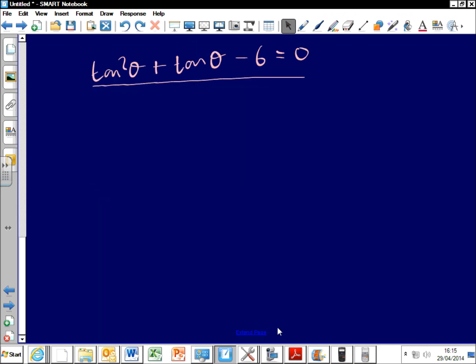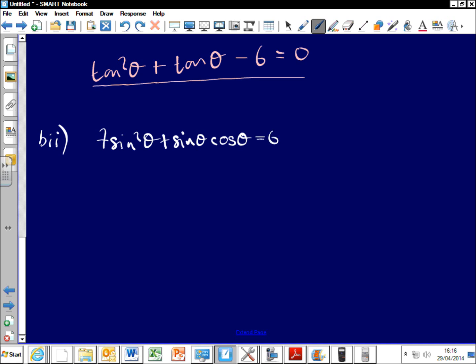Okay, so finally for the last part, we've just got to solve. So this is B part 2. For the last part, we've got to solve 7 sine squared theta plus sine theta cosine theta is equal to 6.